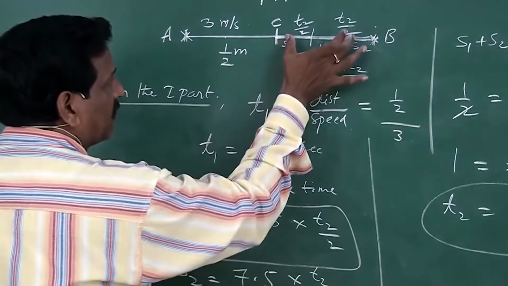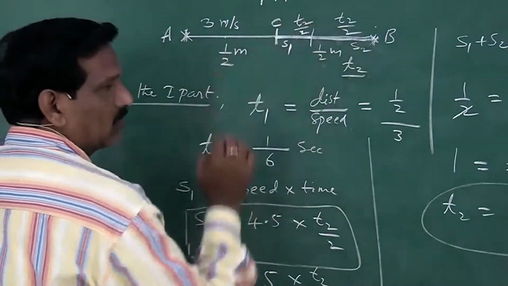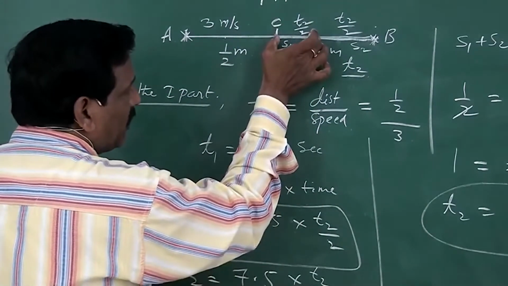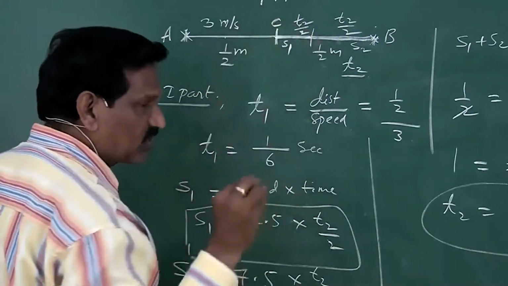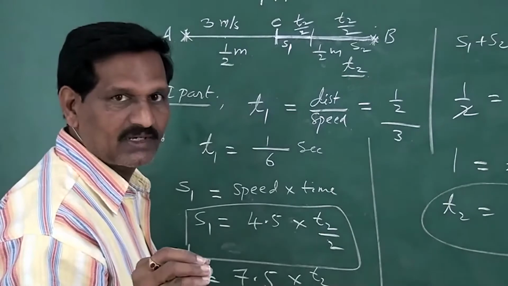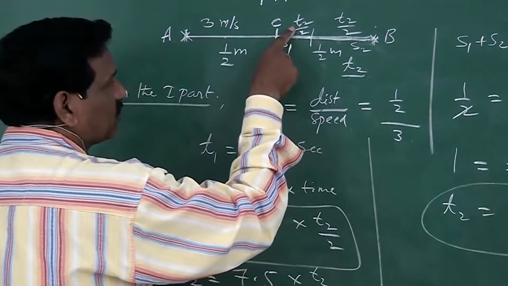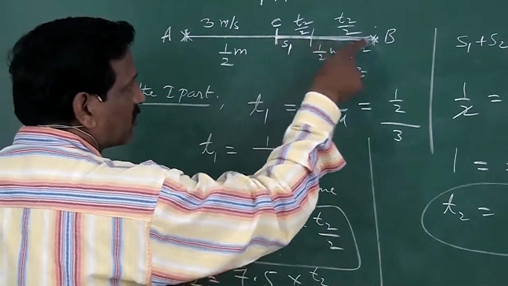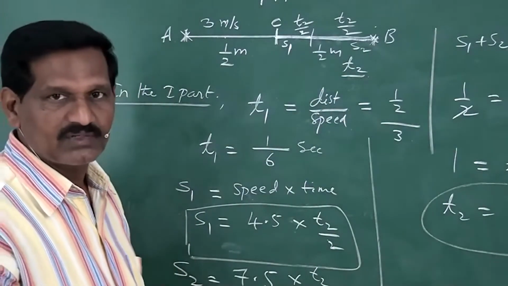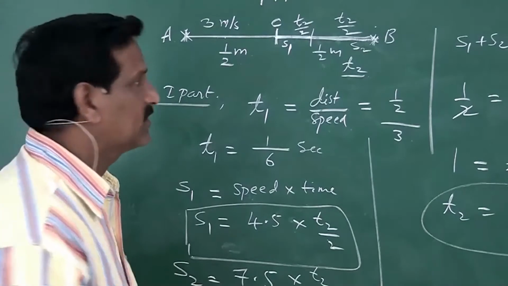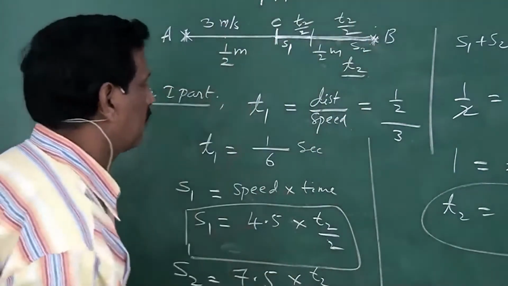Hence, if the time for this journey is T2, then the car moves with a speed of 4.5 meter per second for half the time, that is T2 by 2, and with another speed of 7.5 meter per second in the second half time interval.